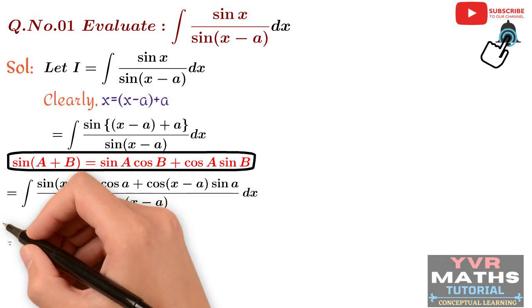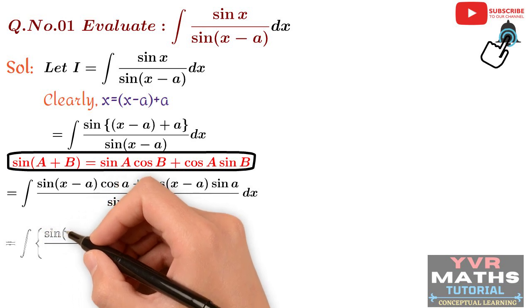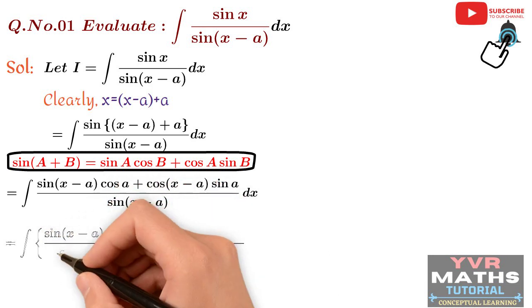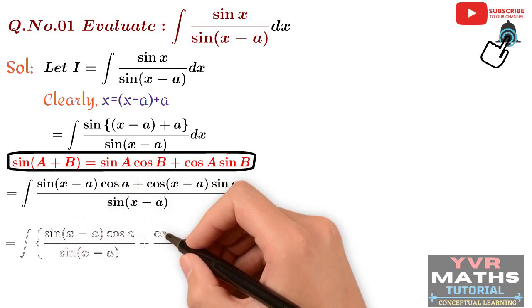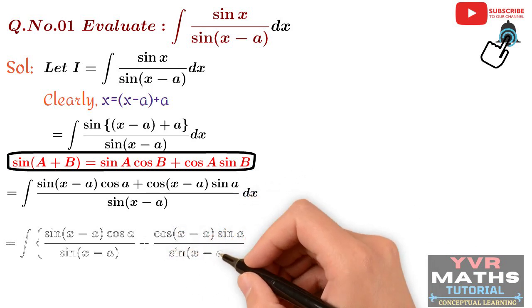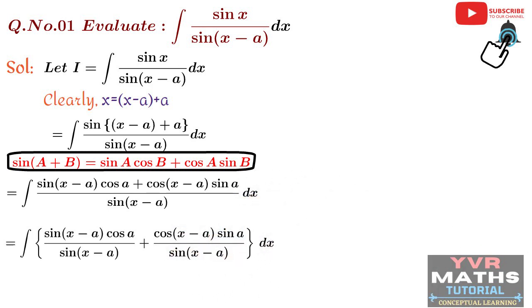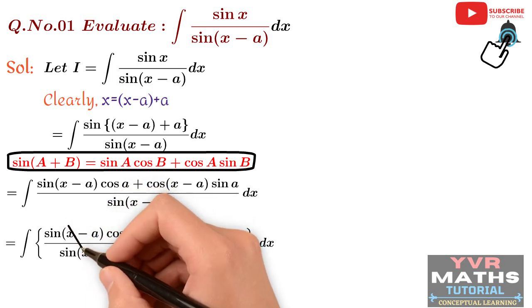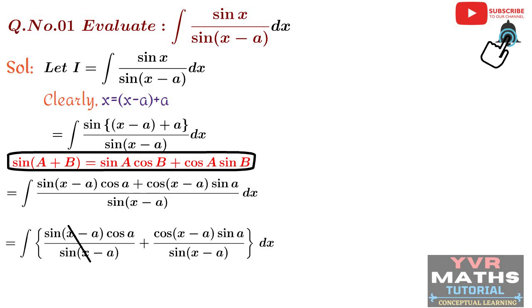See here in the next step, integral sin of x minus a into cos a by sin of x minus a plus cos of x minus a into sin a by sin of x minus a dx. So here, from the first part, sin of x minus a from the numerator and the denominator get cancelled. And in the second term, there is no cancellation.